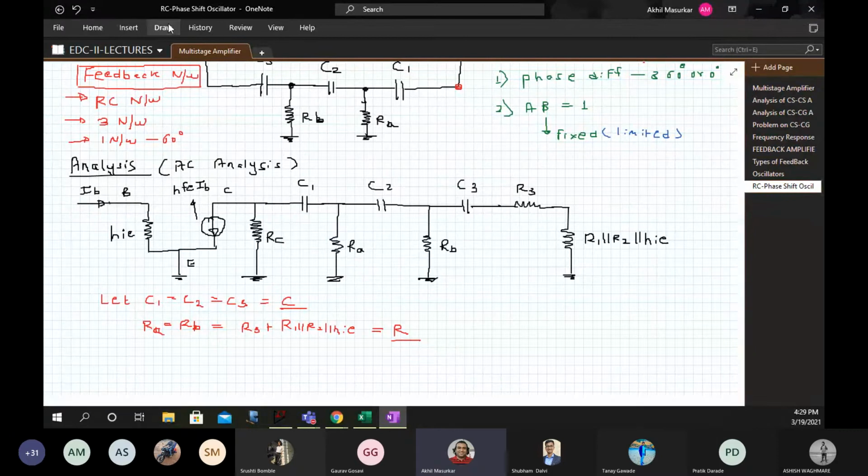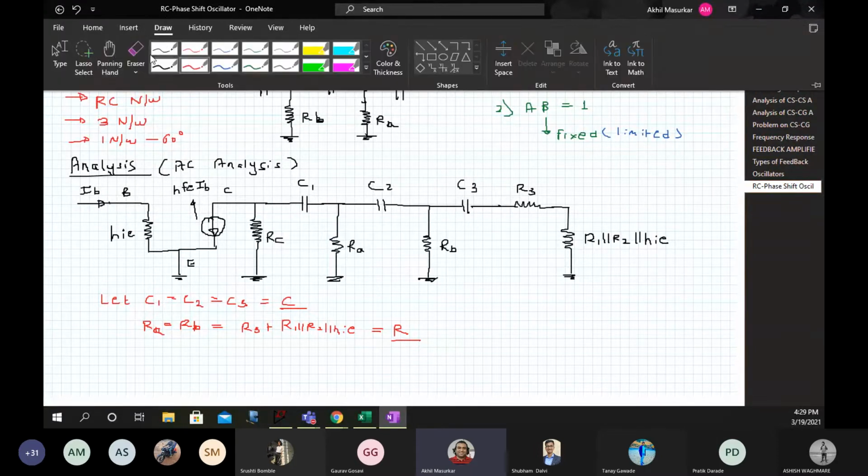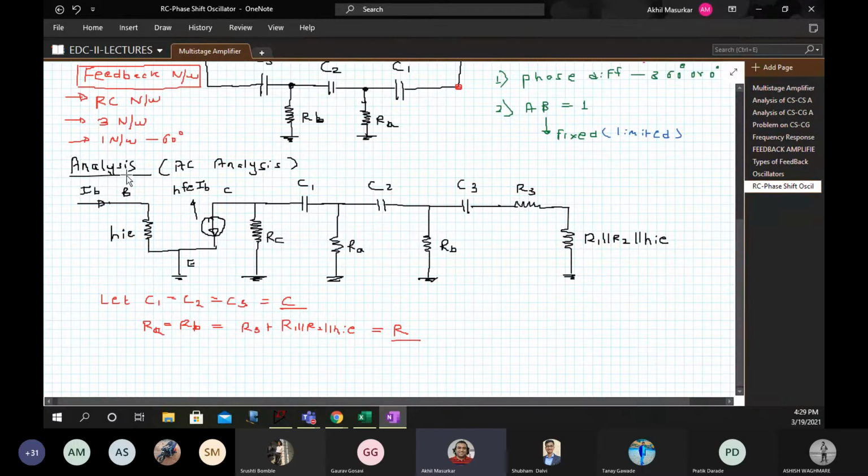So what happens to this circuit further is this.